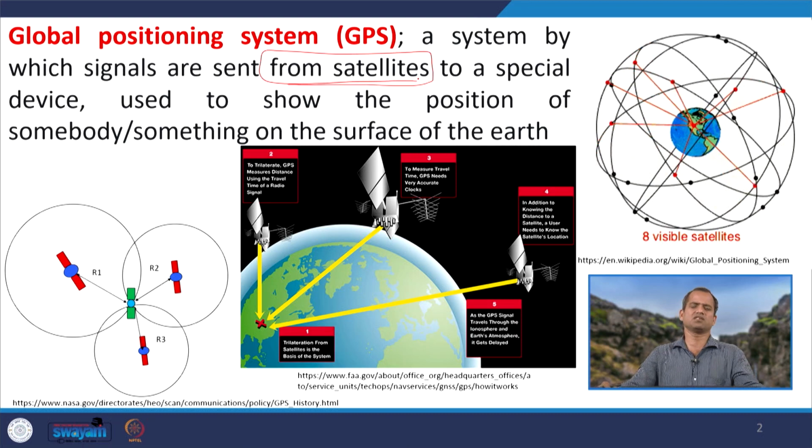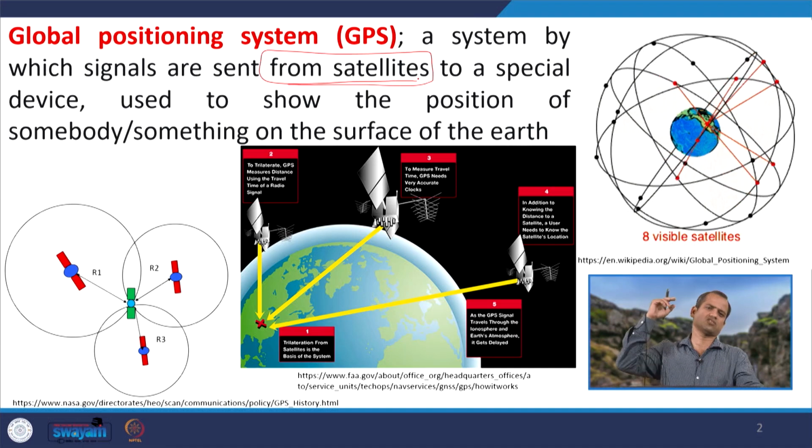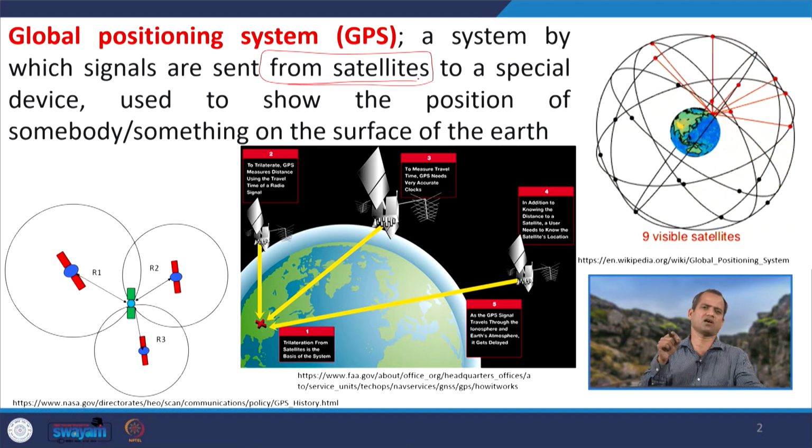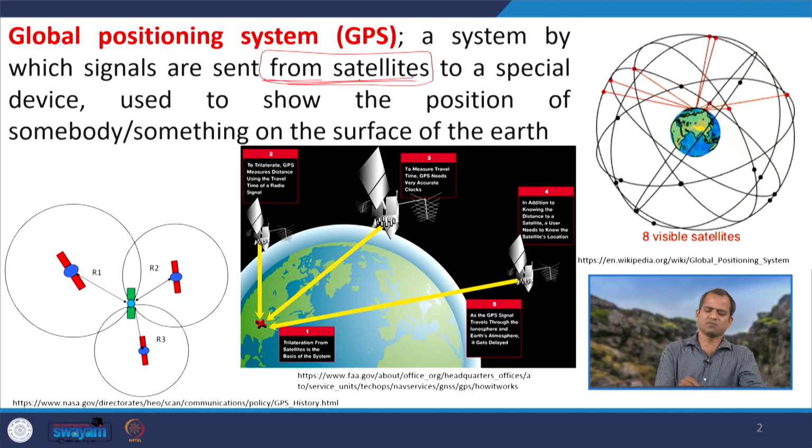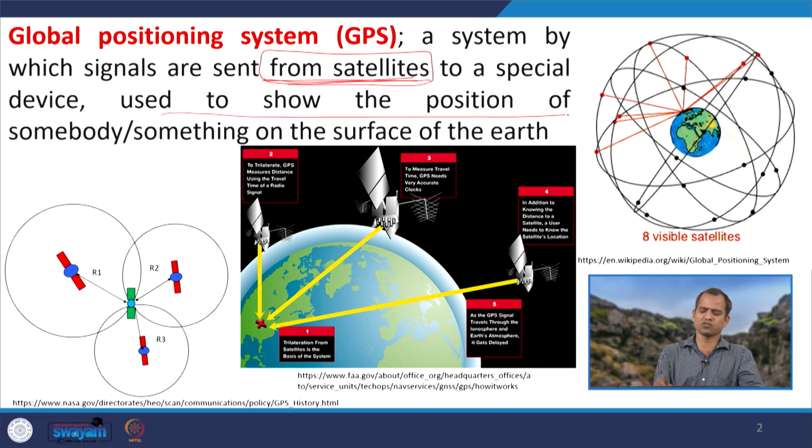Now imagine you are on the earth surface and the satellite is thousands of kilometers away from you, and it is watching your movement, your day to day activity, where you are going, how much time you are spending with someone, like that. So that is why it is a satellite based system, used to show the position of someone on the surface of this earth.